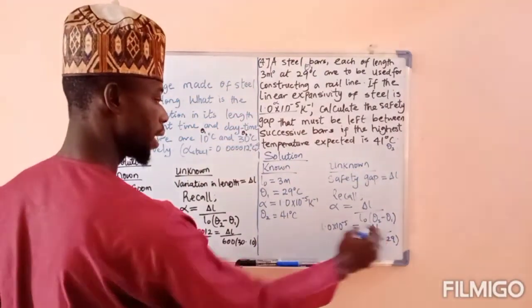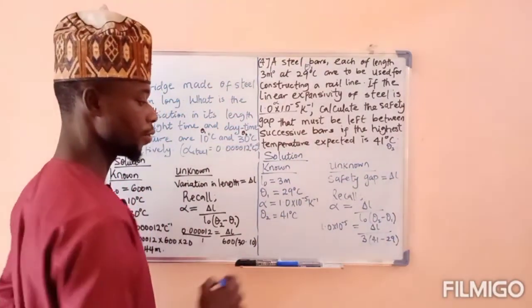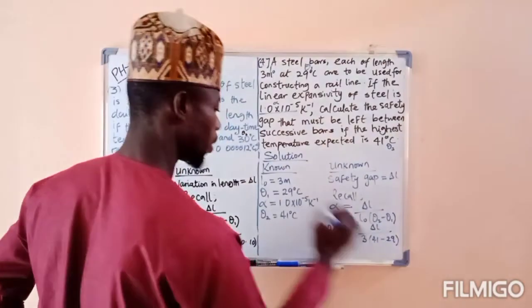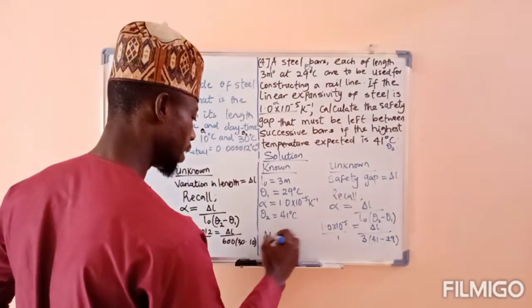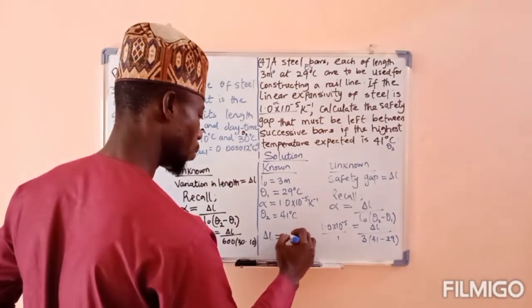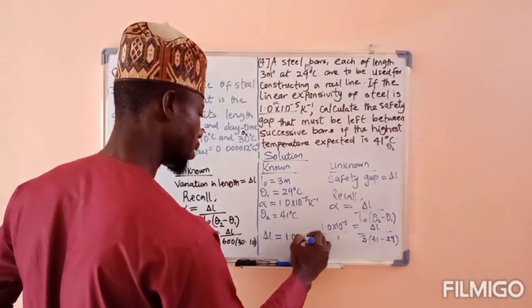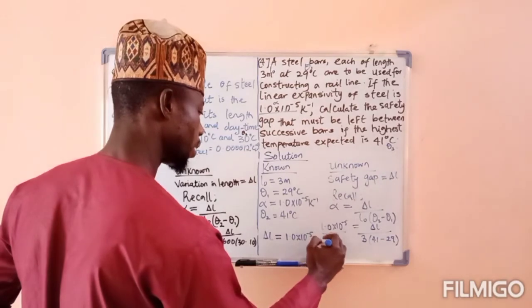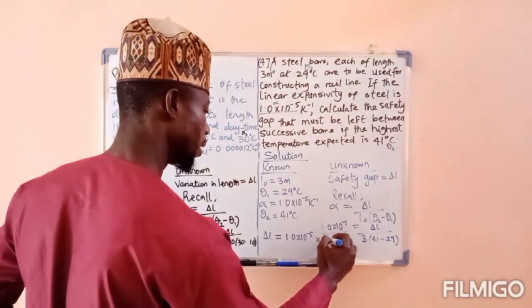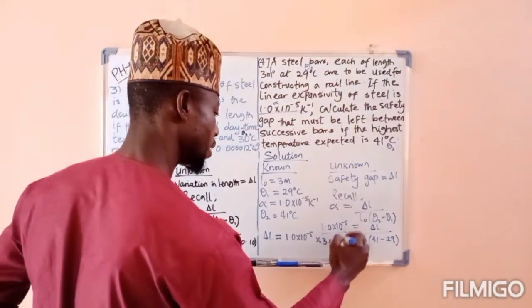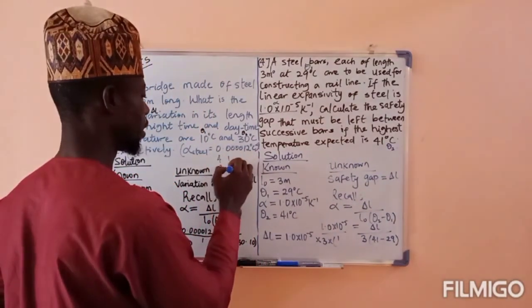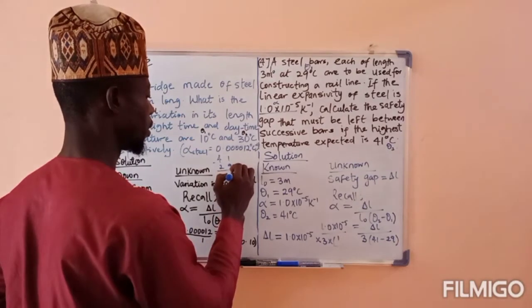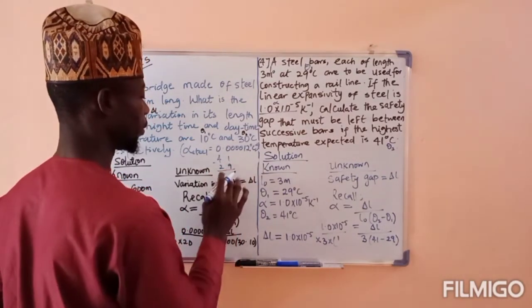Then make change in length subject of the formula by cross multiplying. If I cross multiply, I have change in length is equal to 1.0 times 10 raised to power minus 5 multiplied by 3 multiplied by the difference of 41 and 29. That will give us 12.